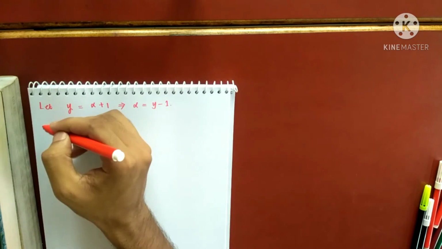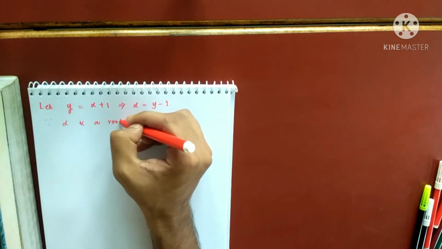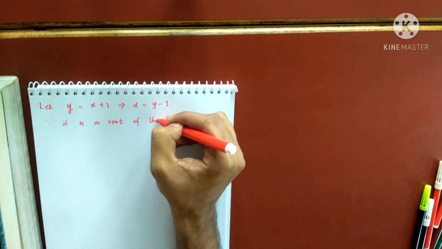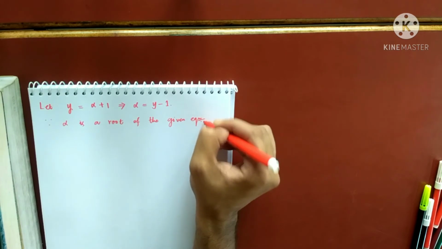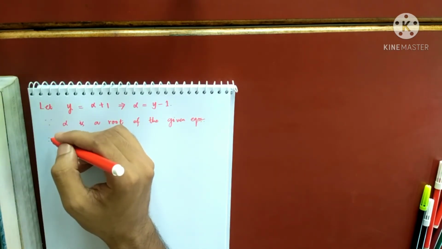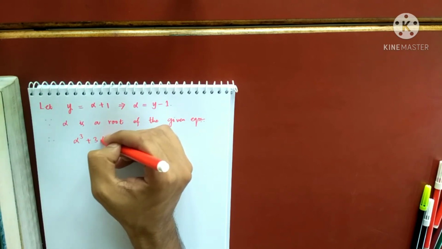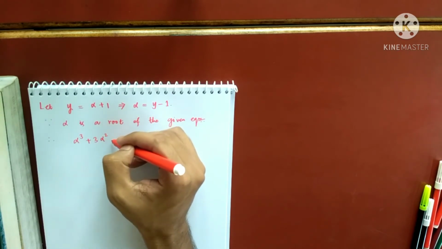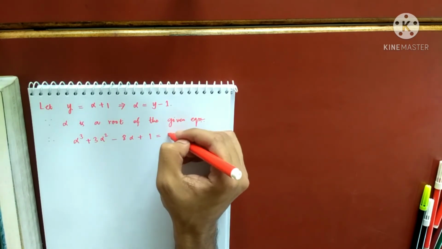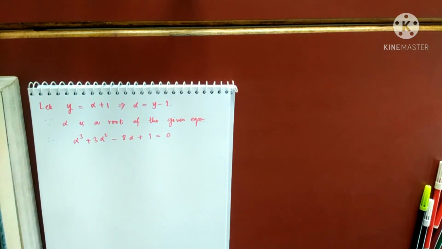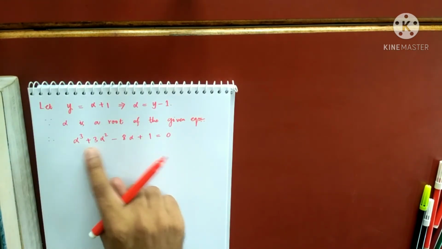Right? So since alpha is a root of the given equation, therefore, what was the given equation? It was x cube plus 3x square minus 8x plus 1. Because alpha is a root, I have this.